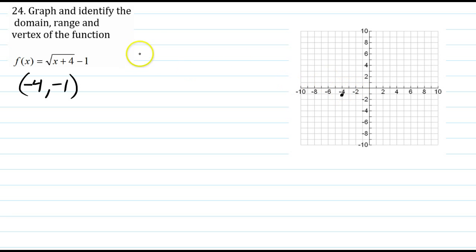So if you go 1 to the right, you get negative 3 plus 4 minus 1. So that gives us the square root of 1 minus 1 is 0. So you know it's going to be a nice dot there. Another good one to plug in would be 0, because 0 plus 4 is 4, square root of 4 is 2, 2 minus 1 is 1. So your graph's going to look like this.